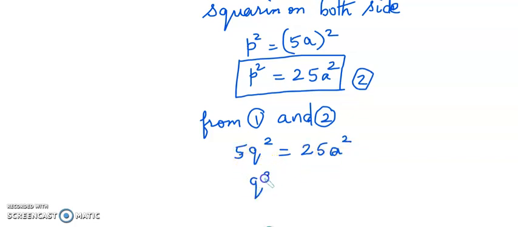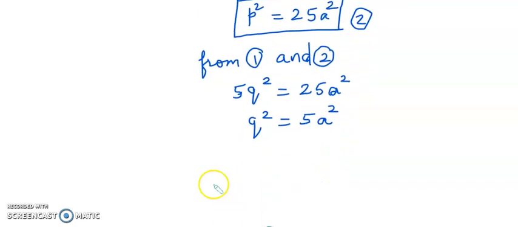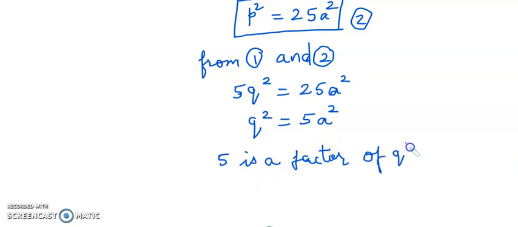So we get q square equals 5a square. Again, 5 is a factor of q square, correct? So can we say 5 is a factor of q? Yes, because that's what we showed in the example of 100 and the square root of 100 as 10. So we say 5 is a factor of q.